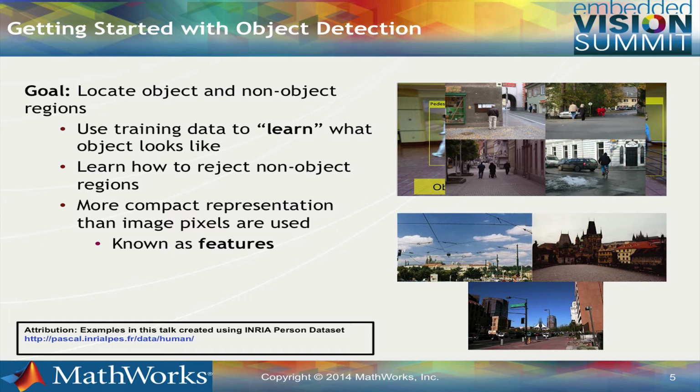So I need to discriminate the pedestrian from the environment a pedestrian appears in, which is streets and other natural scenes. So I need a set of non-object regions to teach my object detector. And of course, creating an object detector requires thousands and thousands of images. You often use a more compact representation than just the pixels. Those are known as features, which Jan covered in quite some length in his talk.